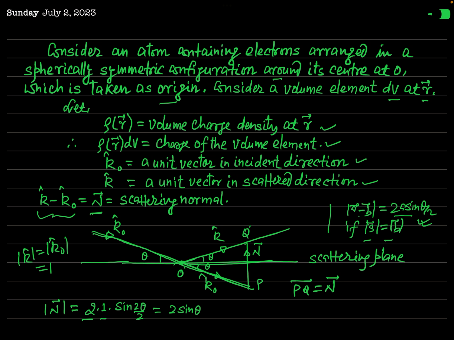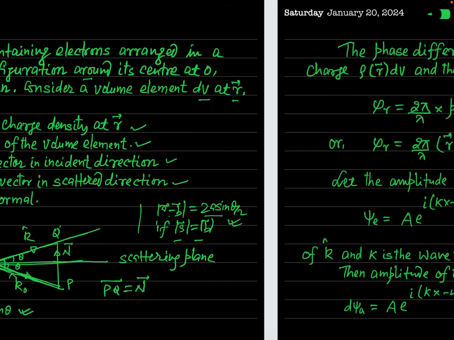See the figure. This is your vector κ and this is your vector κ₀. The angle between these two vectors is 2θ, not θ. Okay? So this will be sin(2θ/2). And this 2 and 2 will cancel out, and so this is simply 2 sin θ. So the modulus of this scattering normal vector is 2 sin θ. We will need the value of the modulus of a scattering normal vector in our calculation sometime later. You will see later on. Okay?